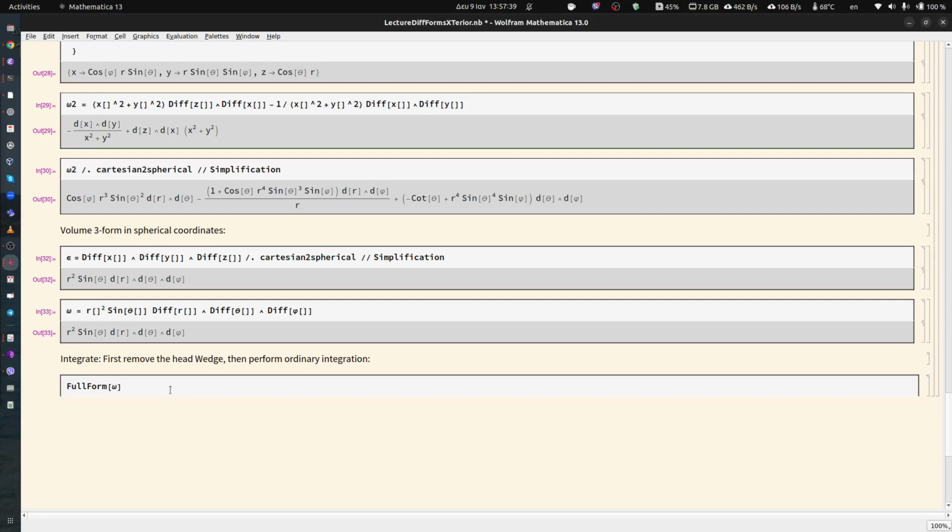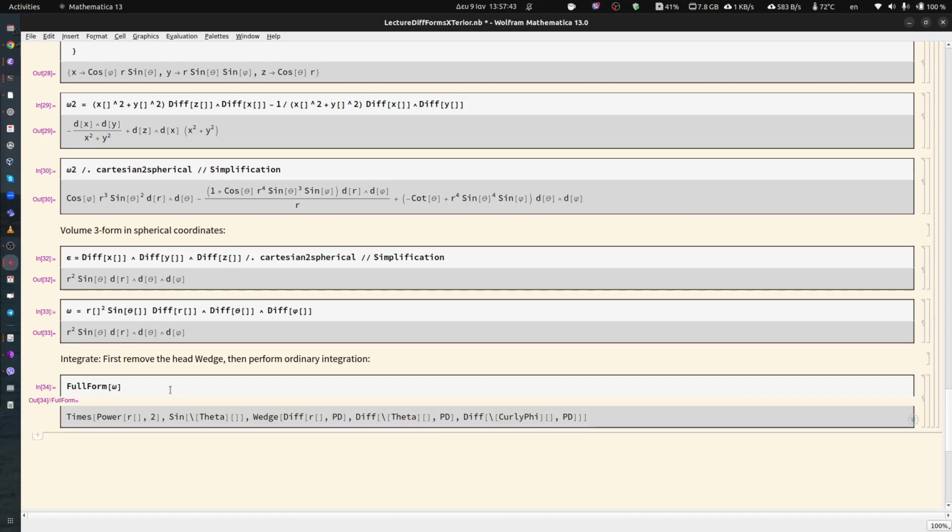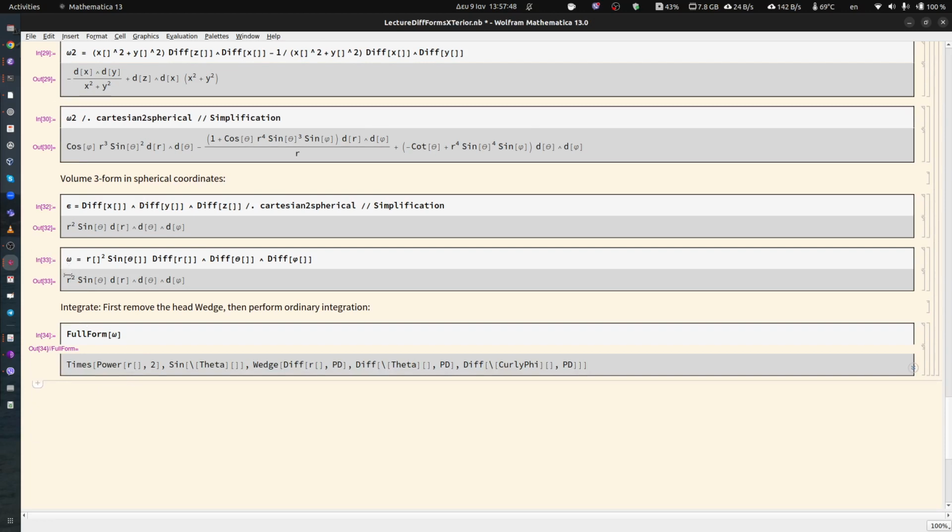Let's look at how omega looks as an expression in Mathematica, under the hood. You see that there is a times, then r squared is an expression involving the head power of r and 2, and we have sine of theta, and then you see all the wedge products have wedge as a head.